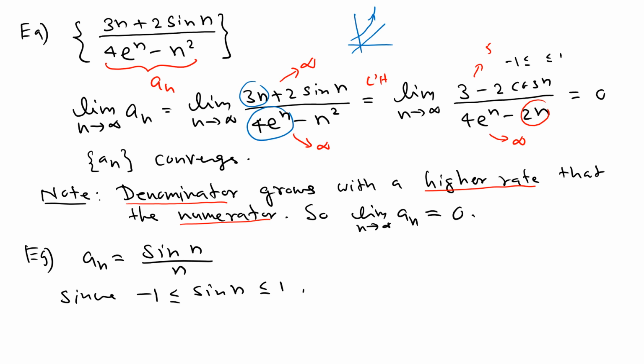So what is the limit as n goes to infinity of sine n over n? Since sine n is stuck with largest value 1, but n grows indefinitely, this is like a 1 over infinity situation. So it's 0. Good. So that means the sequence a_n converges.